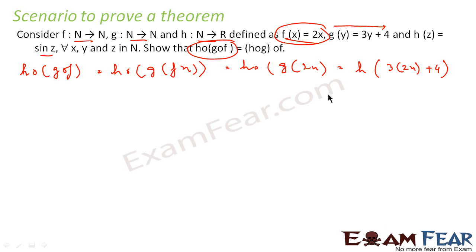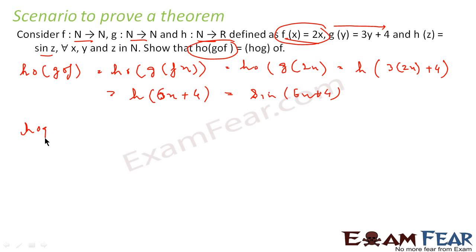So this becomes h of 6x plus 4, and h of 6x plus 4 is nothing but sine of 6x plus 4. Why? Because h(z) is sine z. So h of g of f is sine of 6x plus 4.